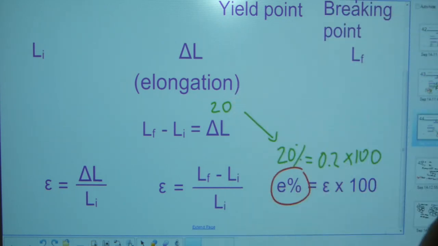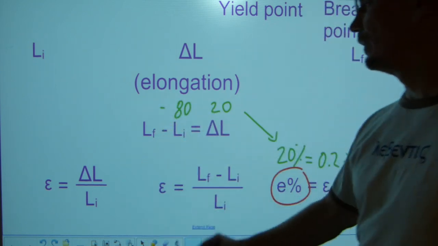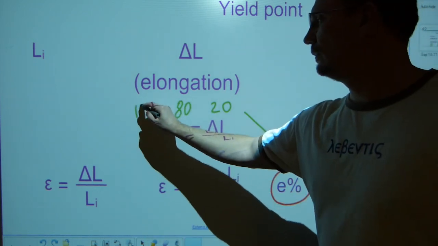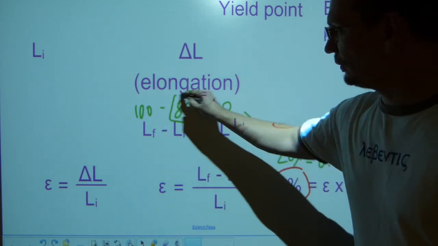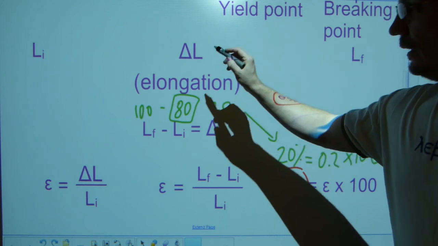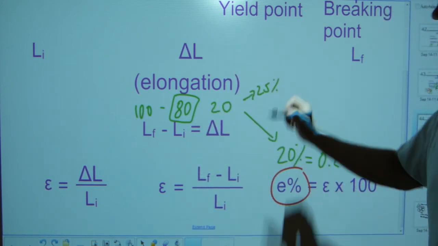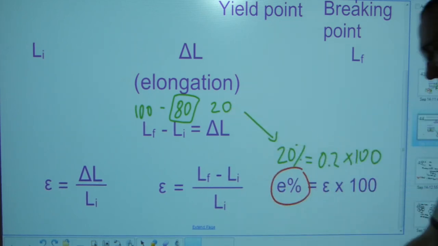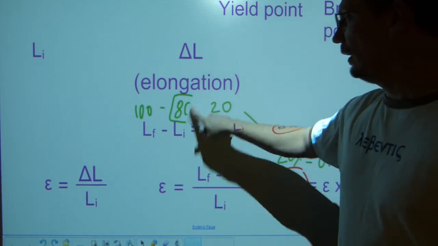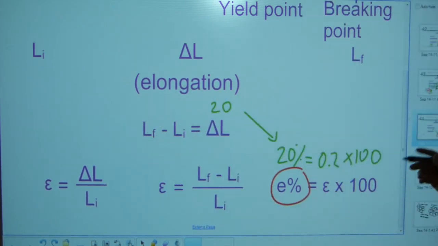If this was 20, but the initial length is 80, and 80 is the original length, see, 20 out of 80 is now 25%. So you can't just take this number and put percent signs after it. So all of this stuff will be explained in the math video.